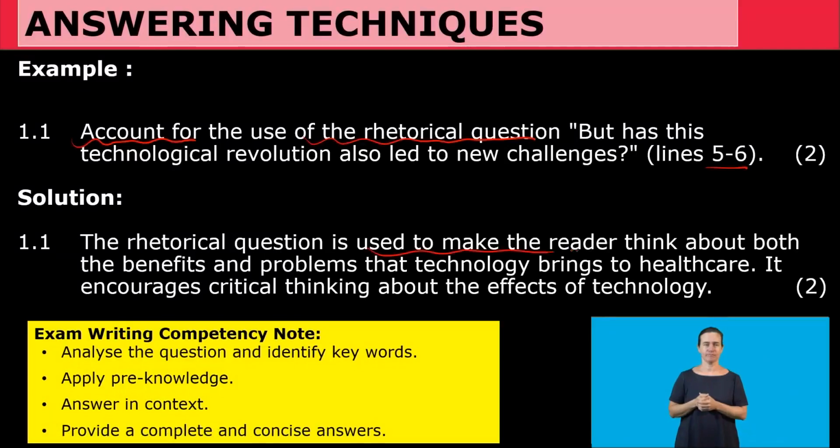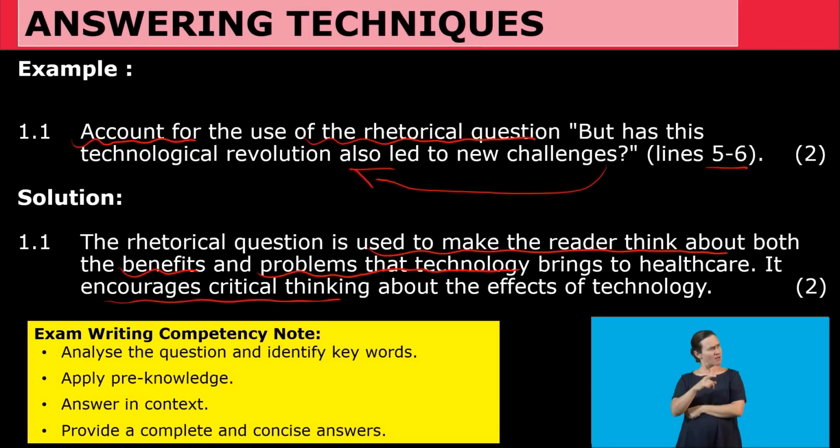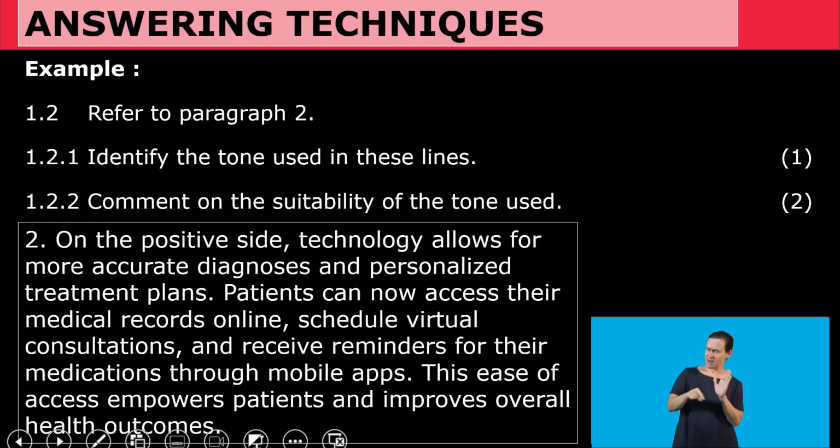You must always add specifics. So to make the reader think about the benefits and the problems that technology brings. So this question makes us think about what. Well, we find the what inside the sentence. It encourages critical thinking. It engages the reader for 2 marks.